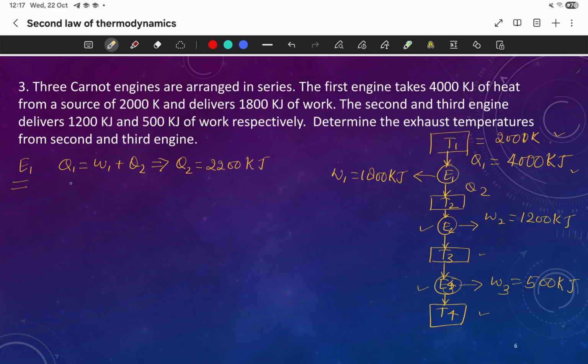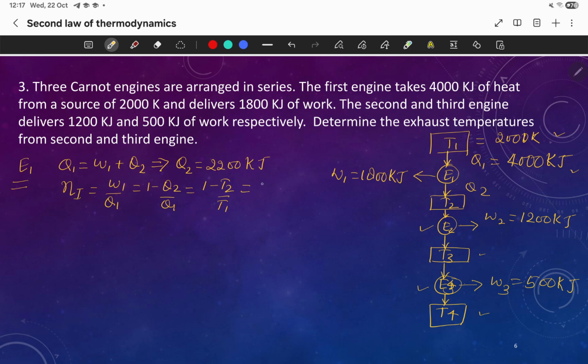Now apply the formula for efficiency of heat engine 1. As we have discussed earlier, the formula is W1 upon Q1, or 1 minus Q2 upon Q1, equals 1 minus T2 by T1.